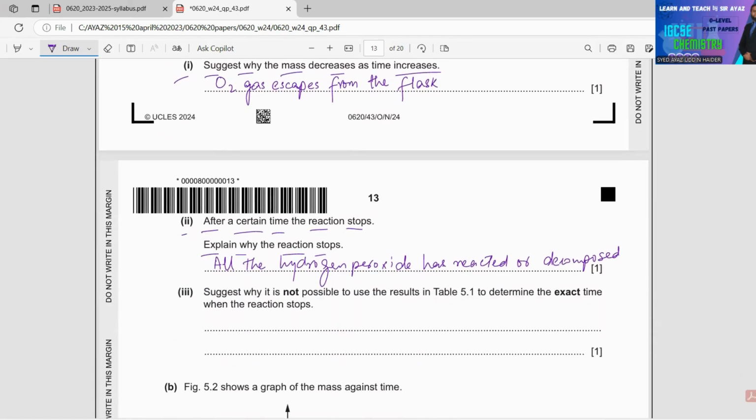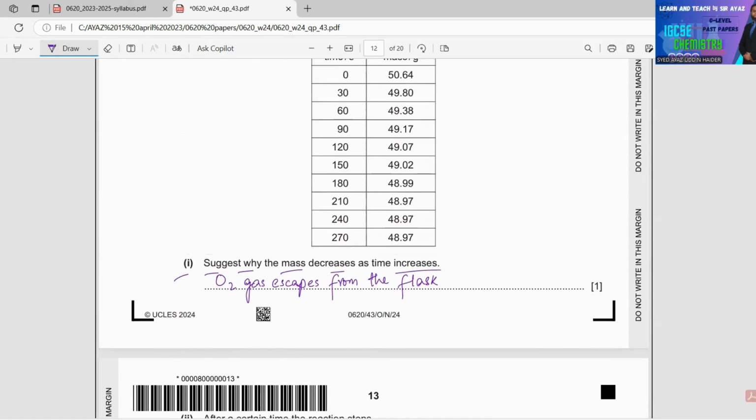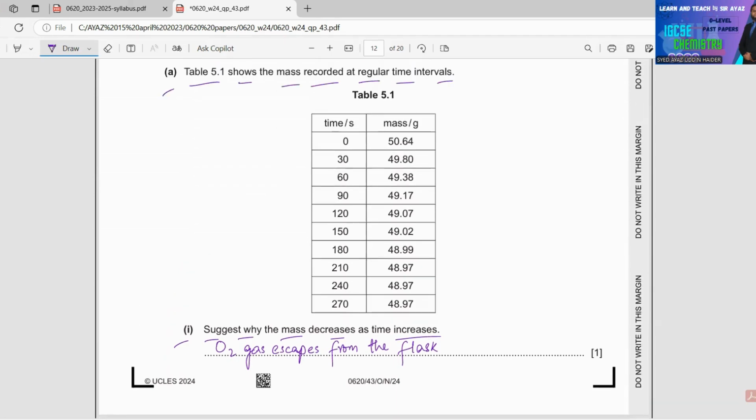Moving to next part, which is part 3. Suggest why it is not possible to use the results in table 5.1 to determine the exact time when the reaction stops. So if you look at this, you see the time interval is large.